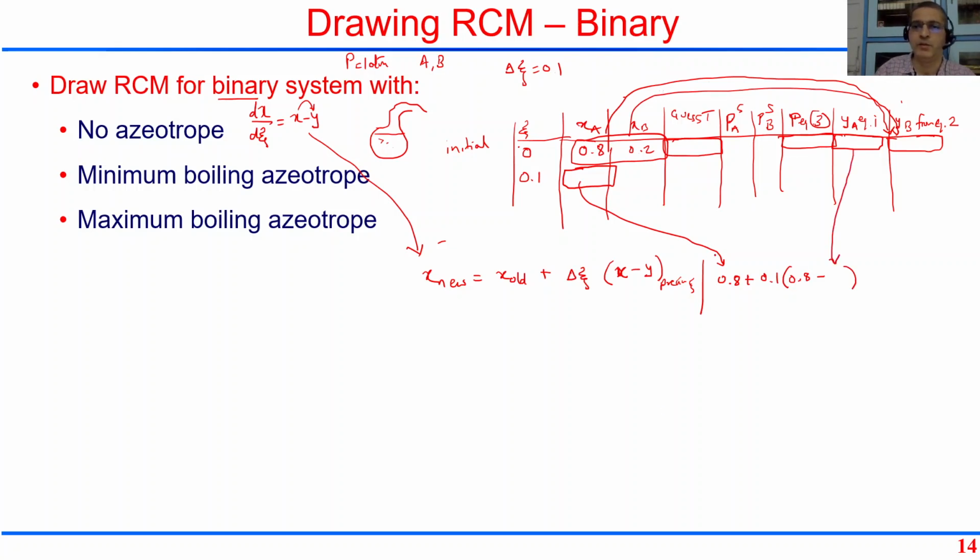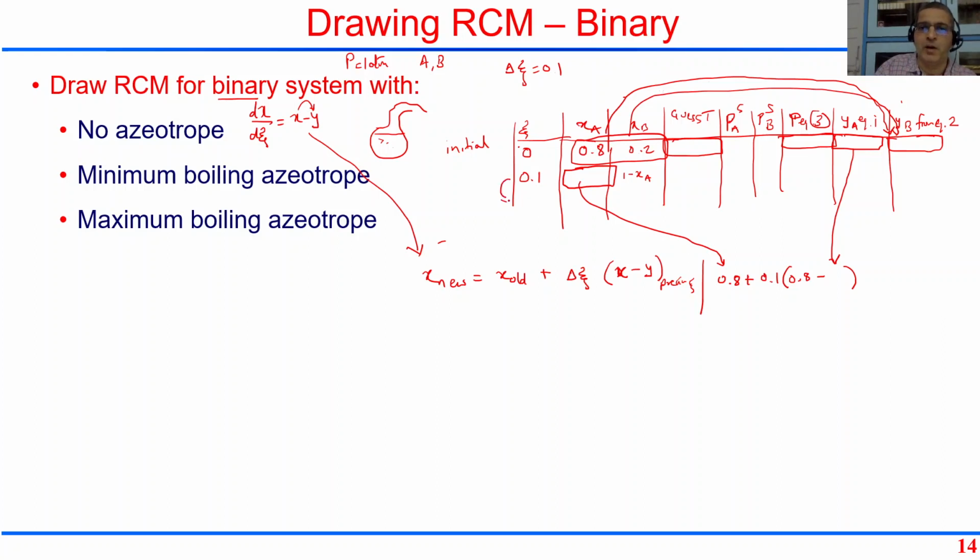That would be the new value of X. And of course, XB would be 1 minus XA, so we don't have to solve it for XB. It's a binary. If it was a ternary, we would have had to solve for two components, component 1, component 2, and component 3 would be 1 minus X of 1 and X of 2.